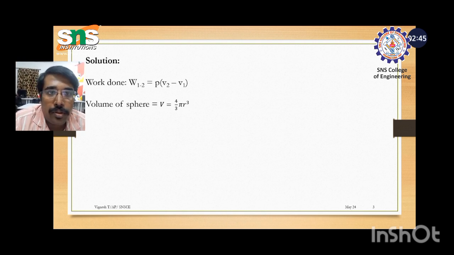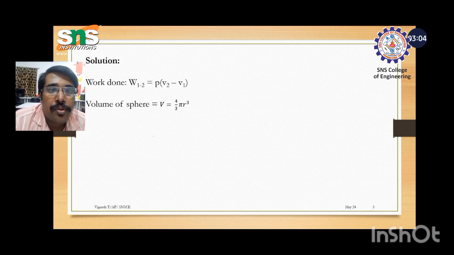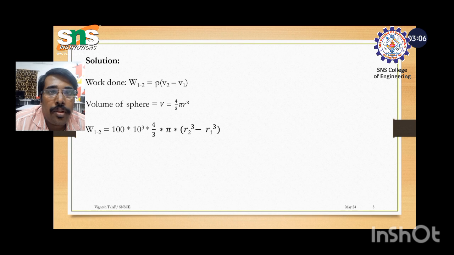You have to substitute these values in the work done equation, where you get W is equal to P into 4 by 3 pi r2 cube minus 4 by 3 pi r1 cube. Here 4 by 3 pi is a constant, so take it common, and you get the equation W is equal to P into 4 by 3 into pi into (r2 cube minus r1 cube).